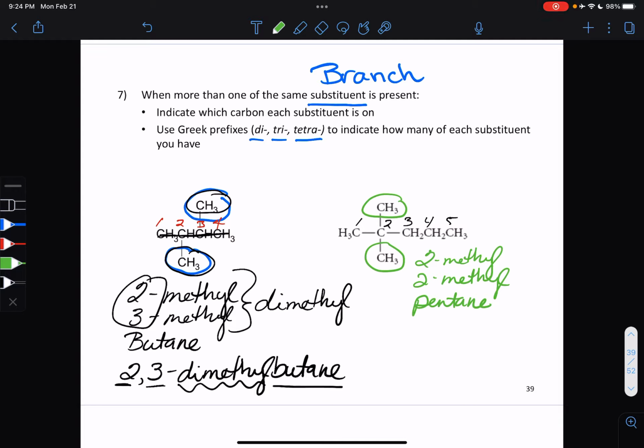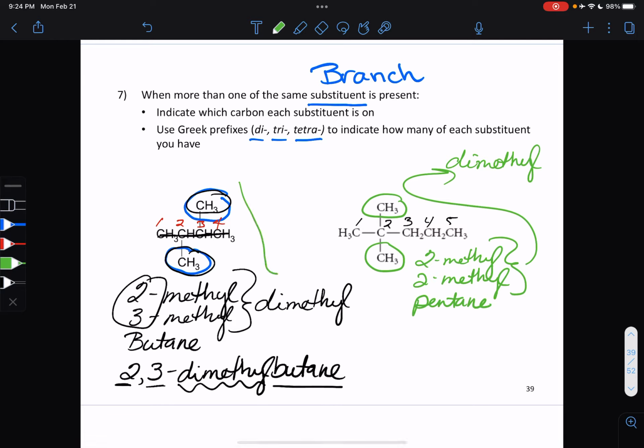So in order to put this name all together, what do we need to do with our 2 methyls? Well, we need to call that dimethyl. Now, most of us are going to want to say 2-dimethylpentane, but that's not what we do in chemistry.